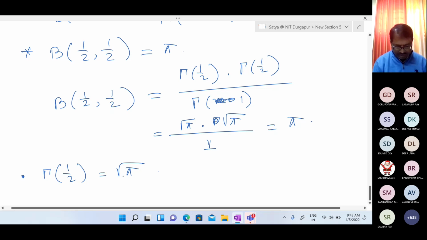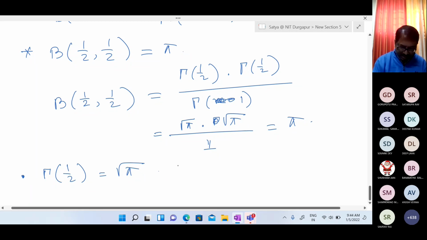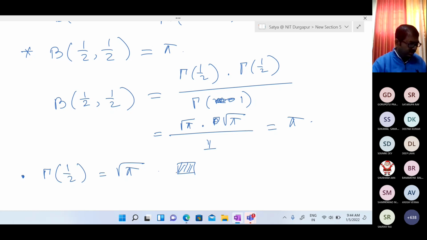We start from the definition and put m equal to half. I have not proved it anyway. So from the definition, we try to prove this one. Should I prove anything?